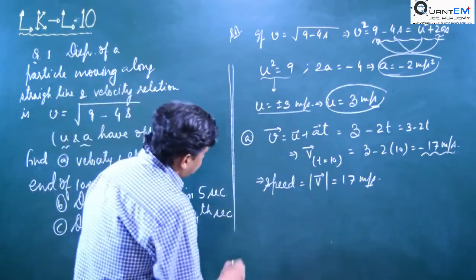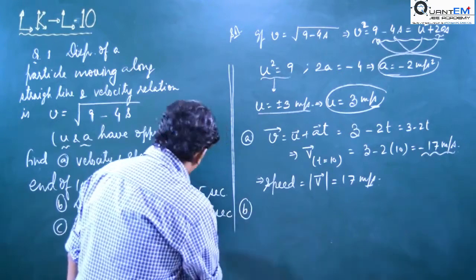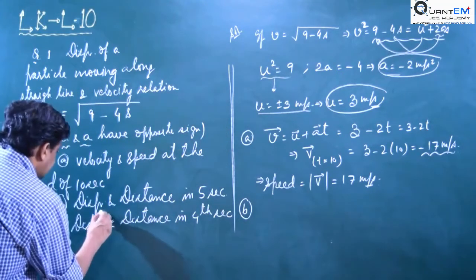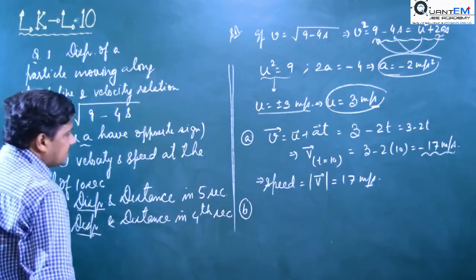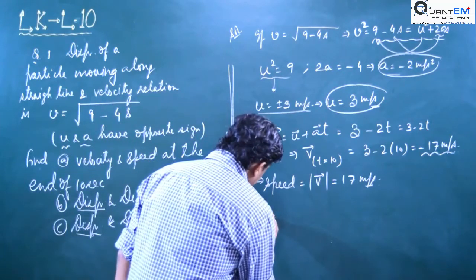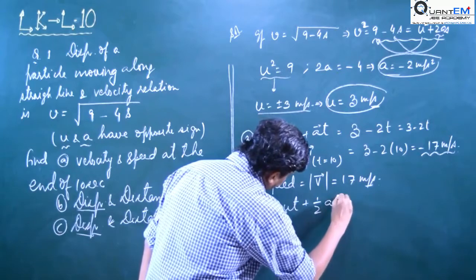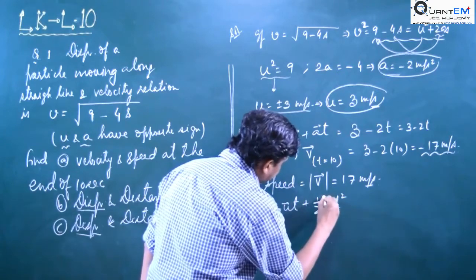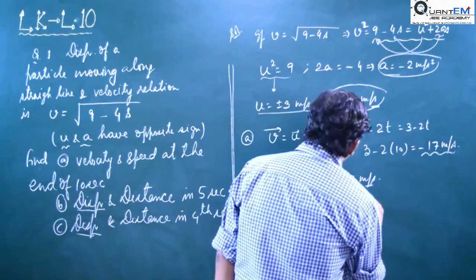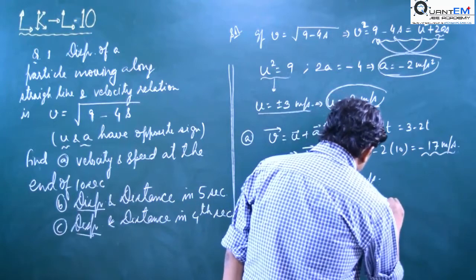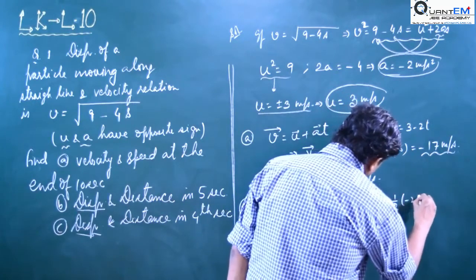Okay, B. Now we get displacement only. So displacement at any time t, we have ut plus half at square. So what is u? That is 3t, plus half, a is minus 2 here.